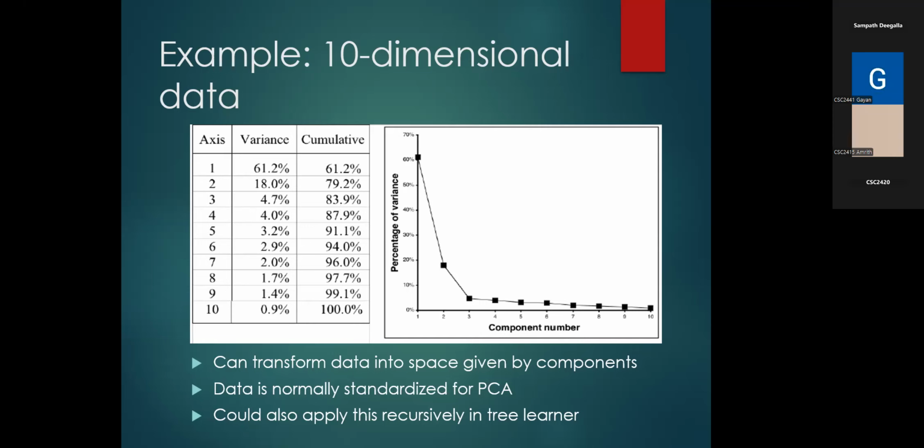Okay, to summarize what we have discussed on principal component analysis, it's a transformation technique which converts your original data into a completely new set of features, and this is based on the variance, right? So you can transform data into the space given by the components.